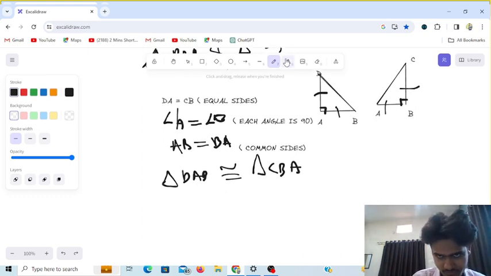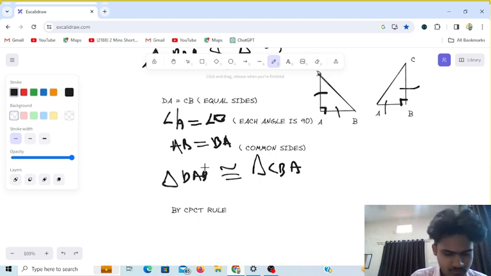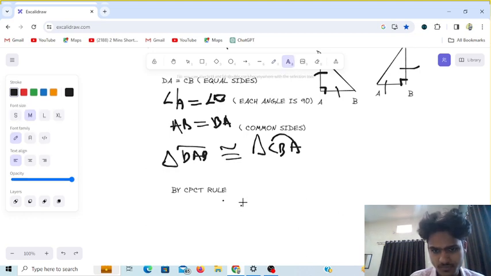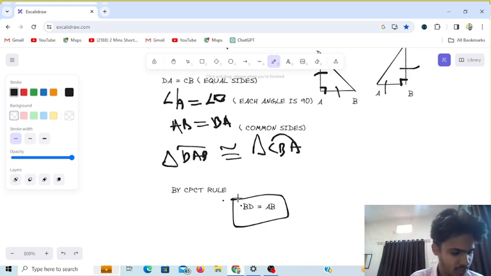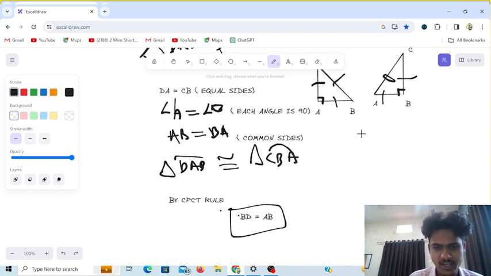By CPCT rule, as you know, the side BD equal to AC. Then we can write that the side BD equal to AC from CPCT rule. BD is a diagonal and AC is the diagonal.